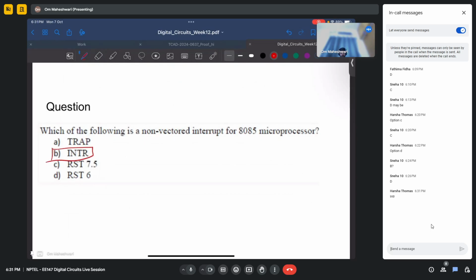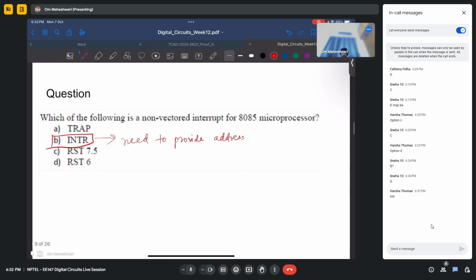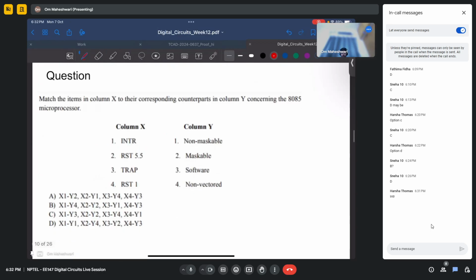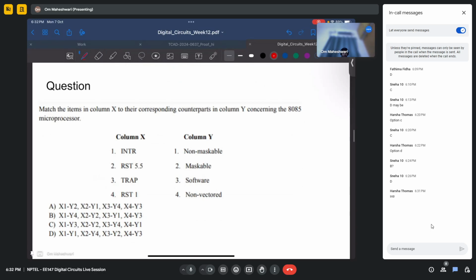You have fixed addresses for all the remaining, but for this one you need to provide an address. Okay, next question. Match the following. Please attempt this.